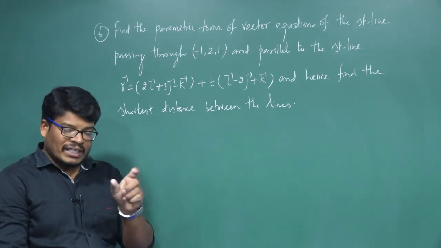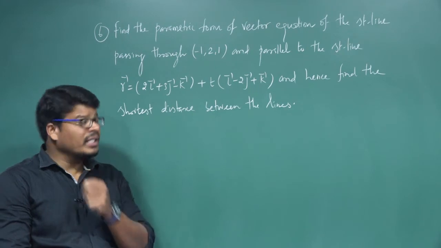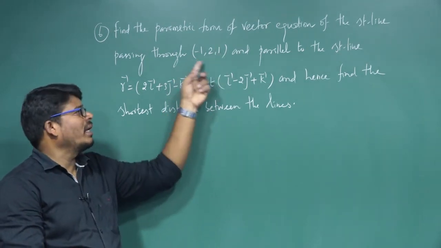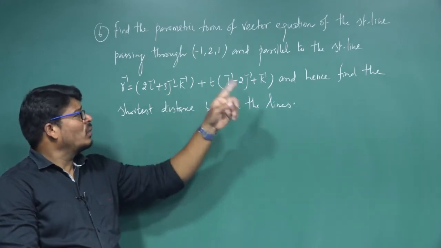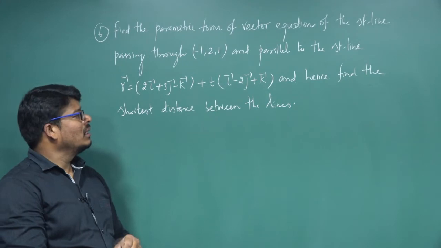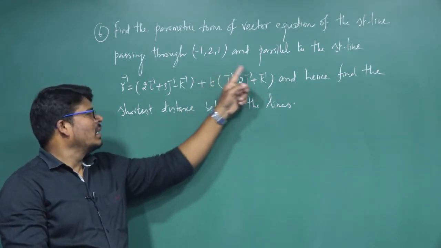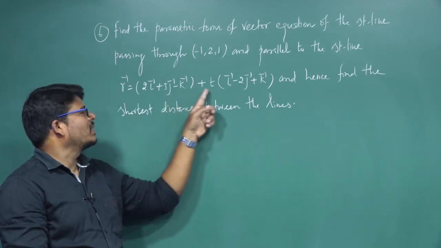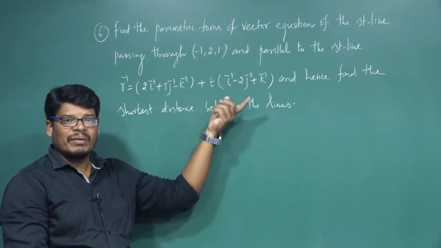So the vector equation of the line passing through one point, which is already given as (-1, 2, 1), and parallel to the straight line. Parallel means r vector equal to A vector plus t of D vector or P vector, anyone.